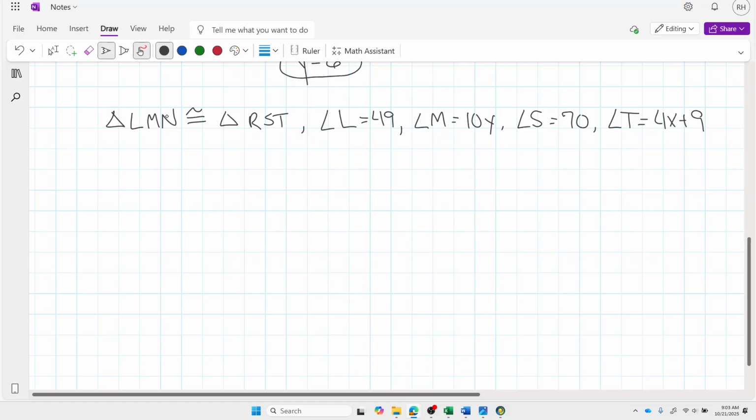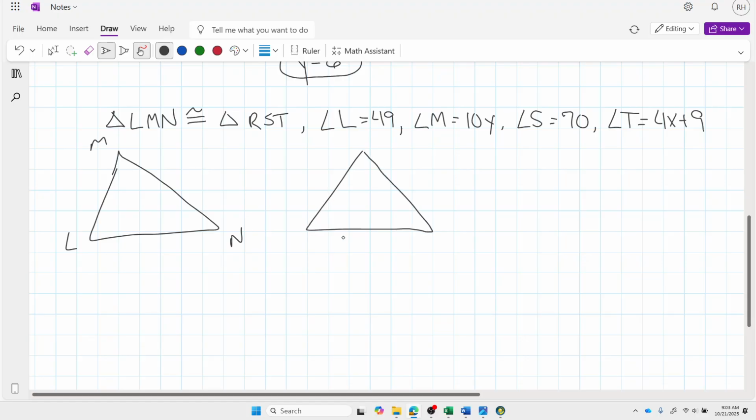All right, so we've got triangle LMN and triangle RST. What's L congruent to? R, good. What's M congruent to?